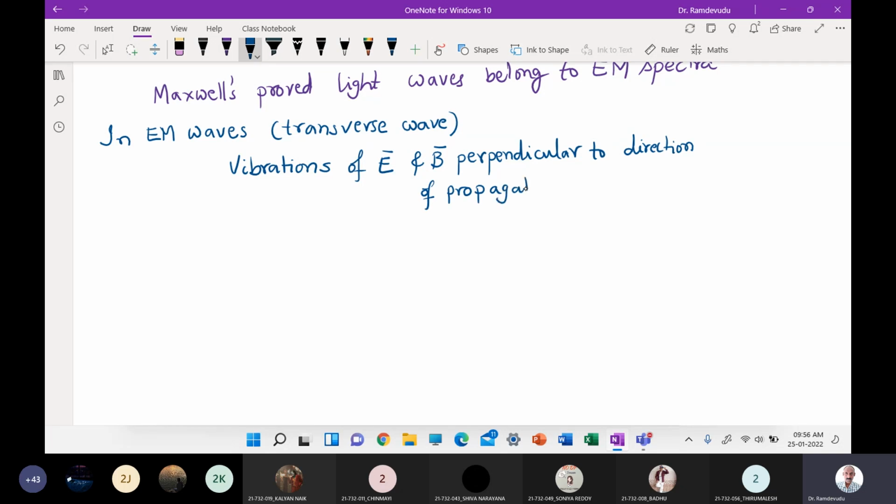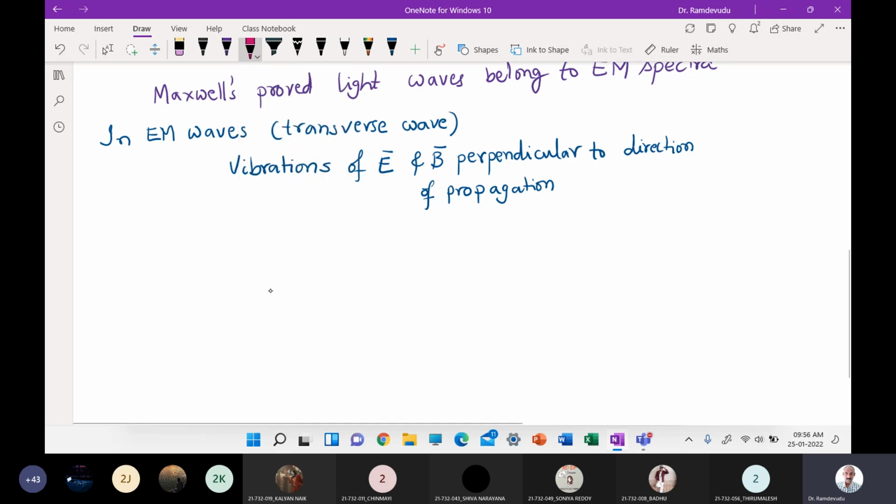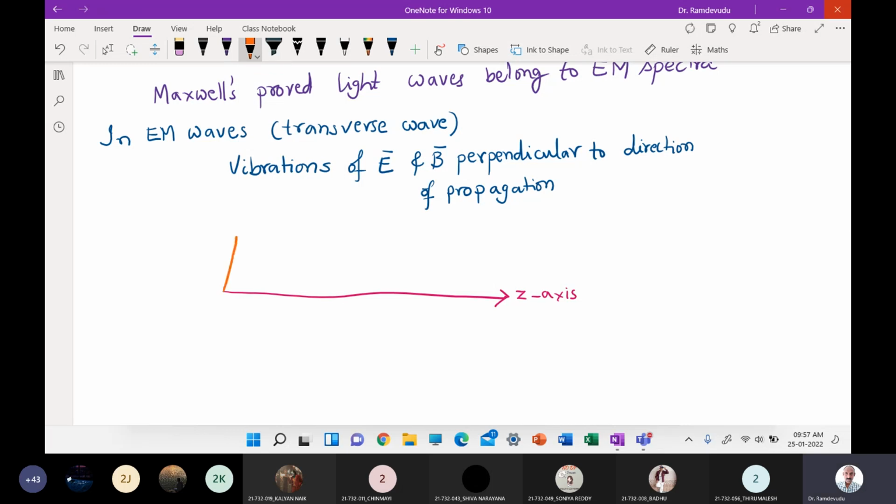So this is the direction of propagation I am drawing here. I call this the z-axis. Then I'll take two perpendicular axes, y and x. Suppose this is the y-axis, and along the x-axis, suppose I take this, which is perpendicular to it.